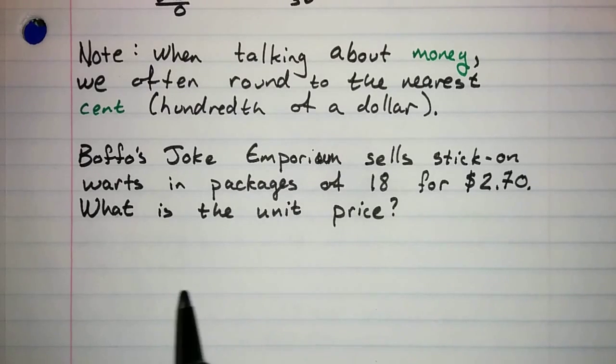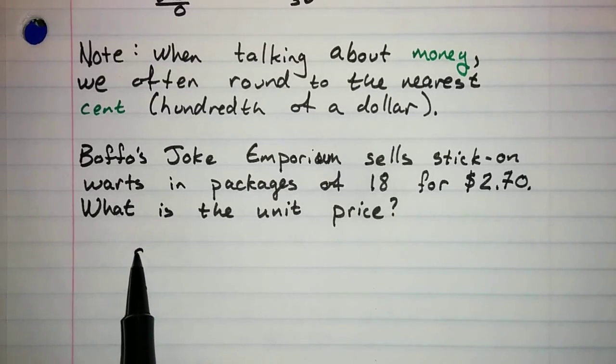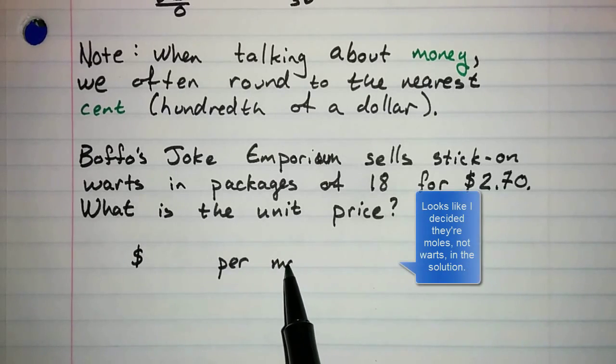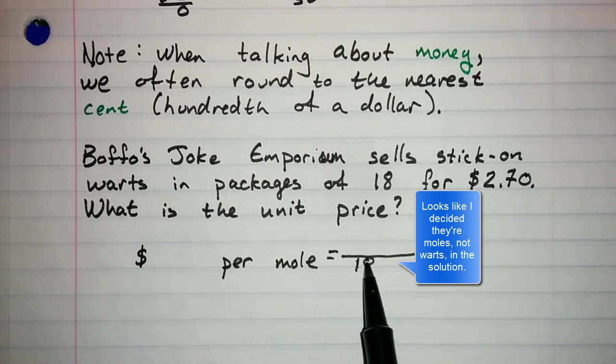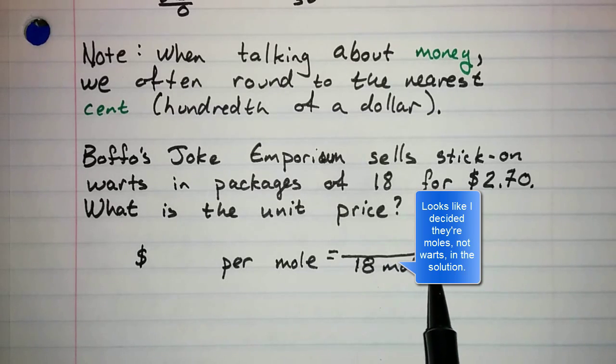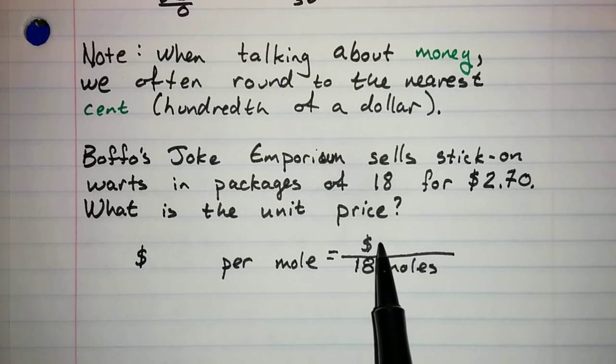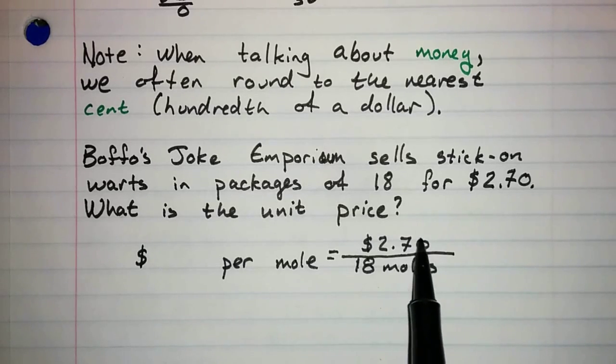All right, so we want to write our answer in dollars per wart. The number of warts is our independent quantity. The price is our dependent quantity.